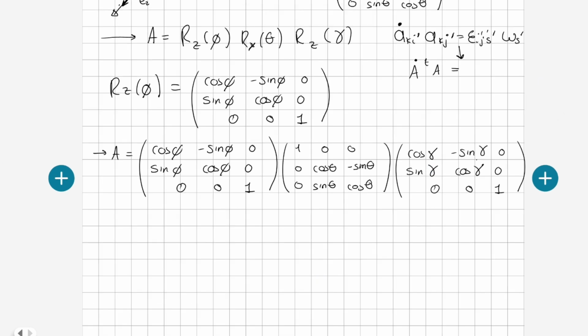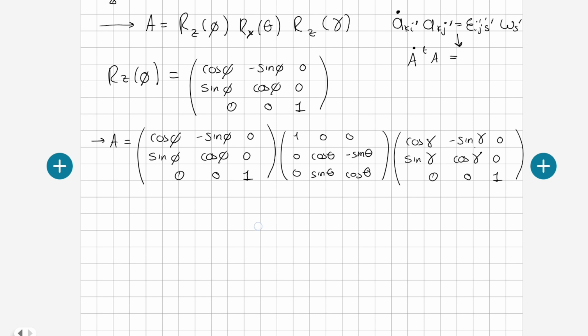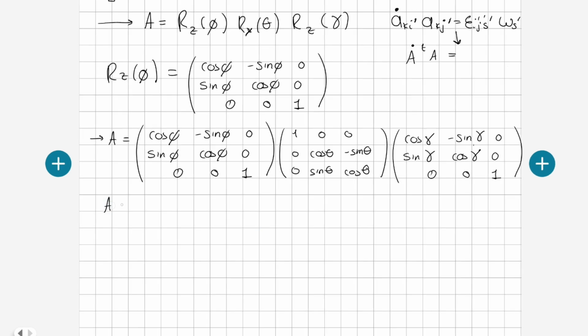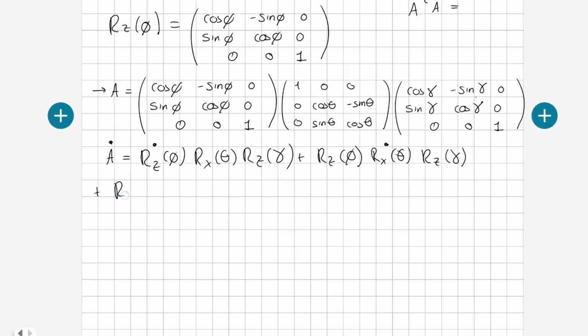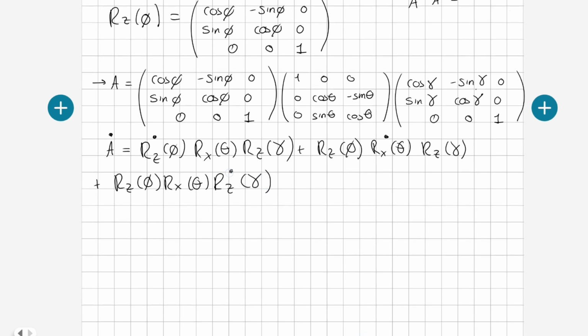So if we take the derivative with respect to time, A dot is equal to the derivative of the first, multiplying the second and the third matrix, then plus RZ of phi, Rx theta dot, RZ gamma, and then plus RZ phi, Rx theta, RZ phi dot, of course.